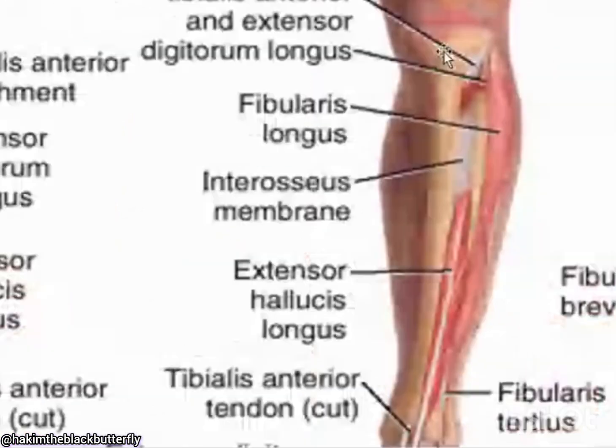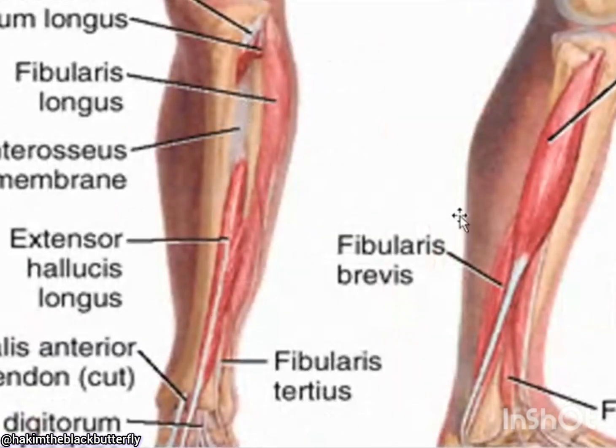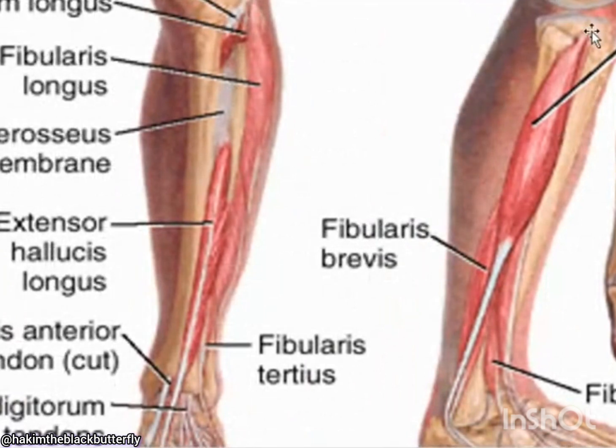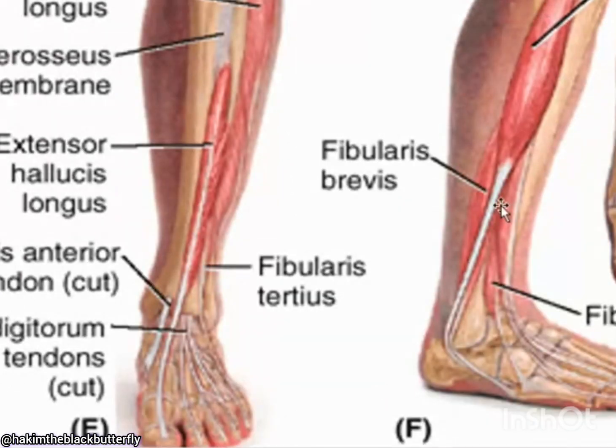So you can see this muscle fibularis longus from the lateral condyle of the tibia and the lateral surface of the fibula. You can see this muscle passing lateral to the ankle joint. It goes below the foot like that and comes and inserts at the medial cuneiform bone and the base of the first metatarsal, fibularis longus muscle.